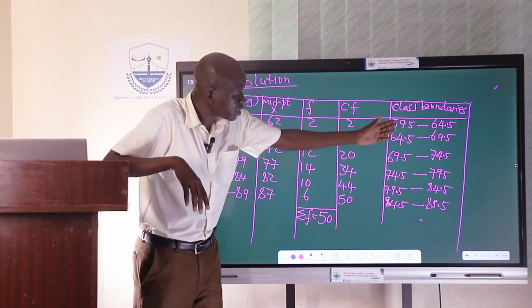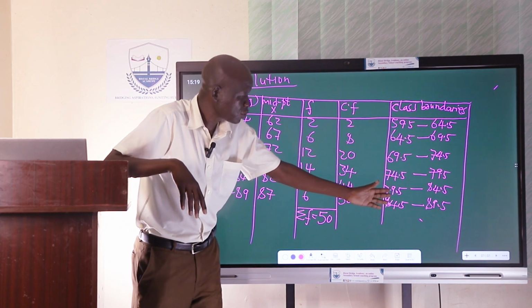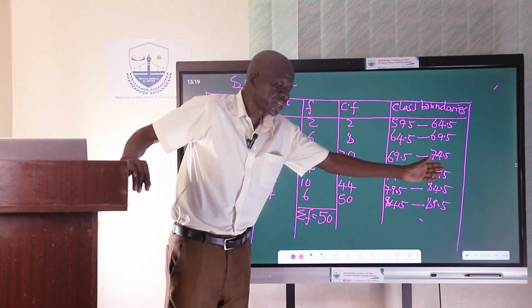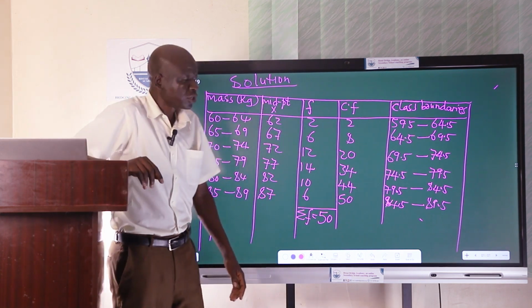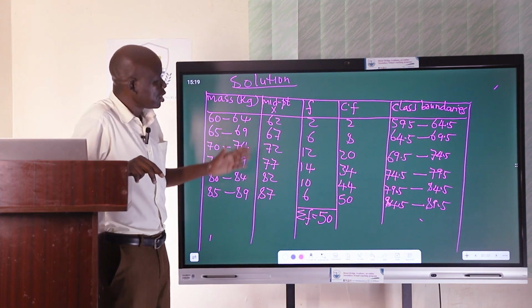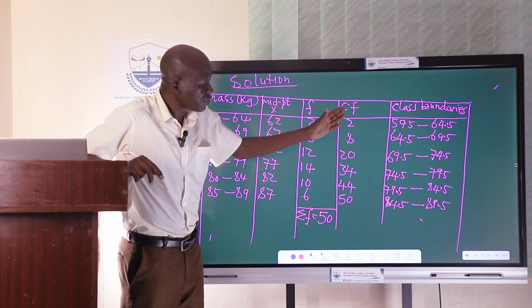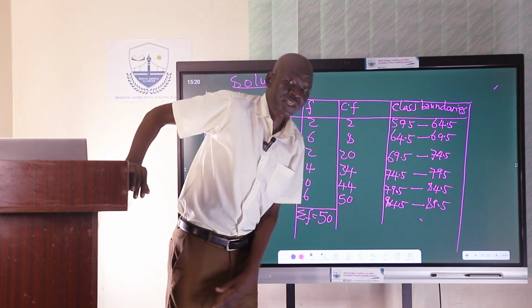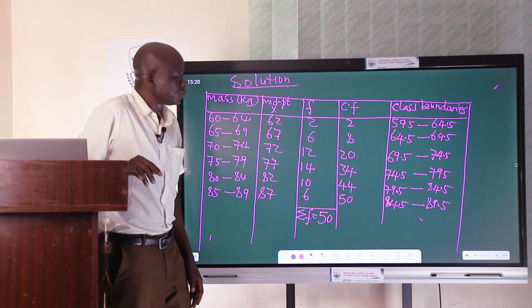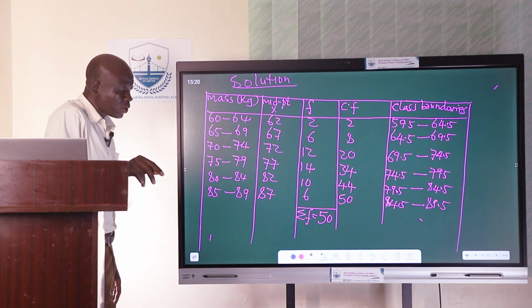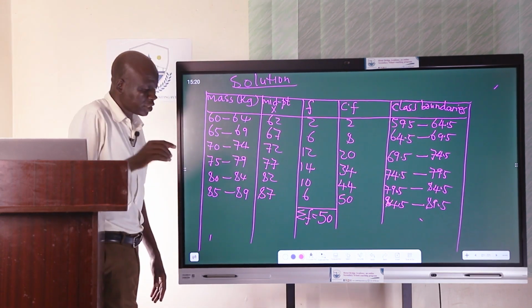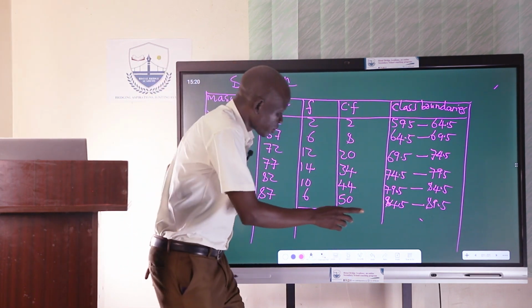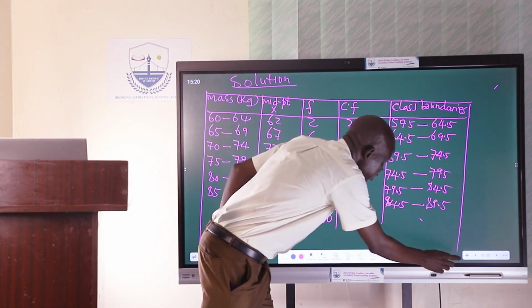So the lower class boundaries are these figures, while these ones on the right are called the upper class boundaries. So we plot the graph of cumulative frequency against upper class boundaries. So this is how our graph looks like.